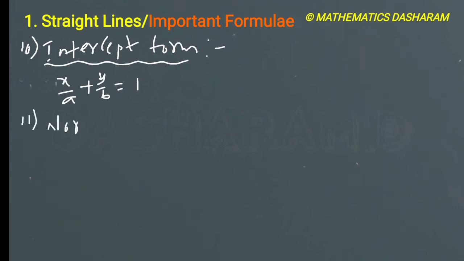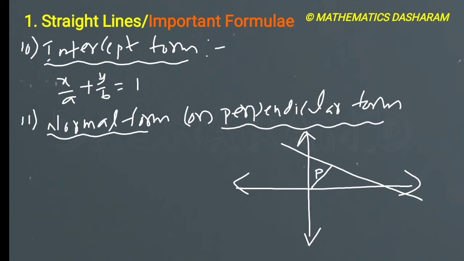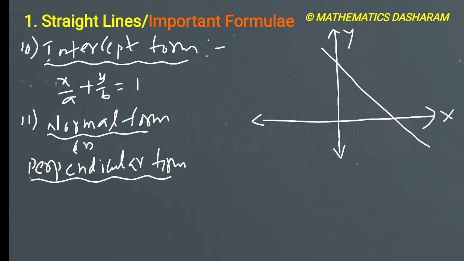The next formula is normal form or perpendicular form. First I will draw a diagram related to this. x-axis, y-axis. Here is our line. The distance of the line from the origin, where the perpendicular makes 90 degrees, is denoted with a small p.